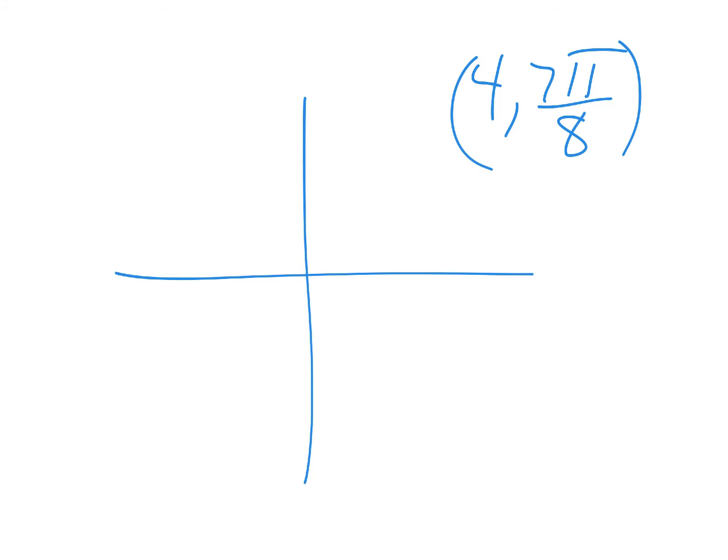And what would it be if you had to make its r negative? Another name for this point would be negative what comma what?